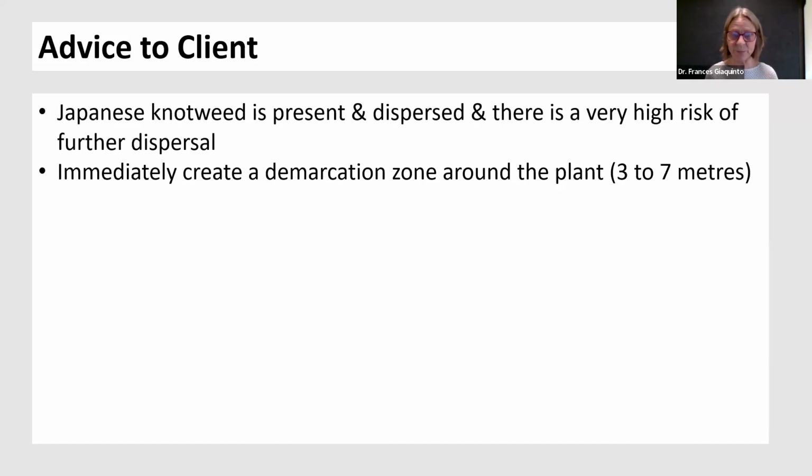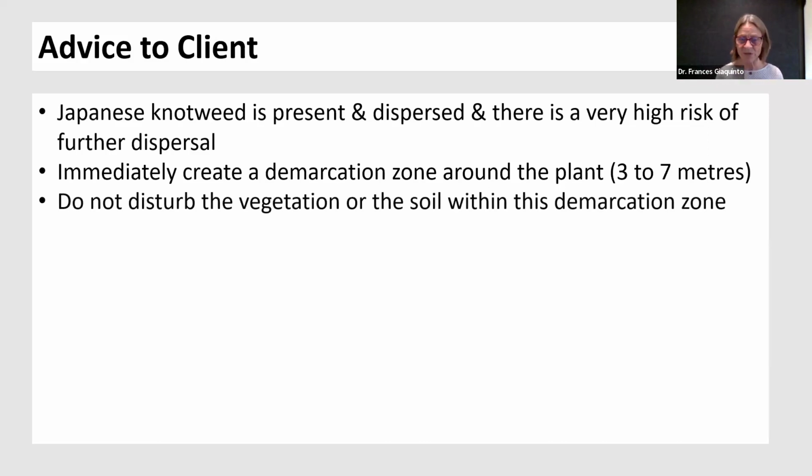So to create a barrier, this is what you're advising your client. Don't disturb the vegetation or the soil within this demarcation zone. And for this entire site, I would be advising no movement of soil, no cutting back of vegetation, because the Japanese knotweed has widely dispersed and we don't know exactly where it's gone. We may not be seeing it all.